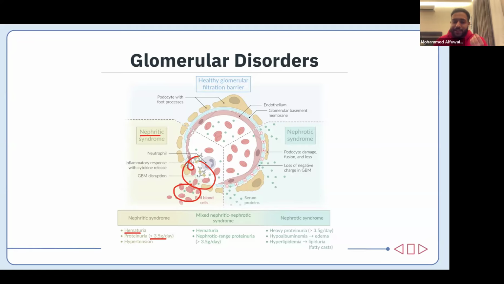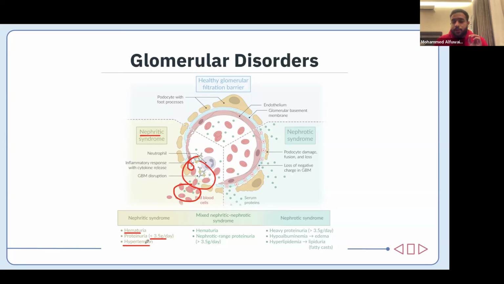Why, you might ask? It's closest to the blood. So you'll see a lot of these nephritic syndromes, when I describe the deposits, it's subendothelial, because it's right next to the blood. Some of them will go through and cause subepithelial. It's not absolute. And in nephritic syndrome, they will have hypertension as well.